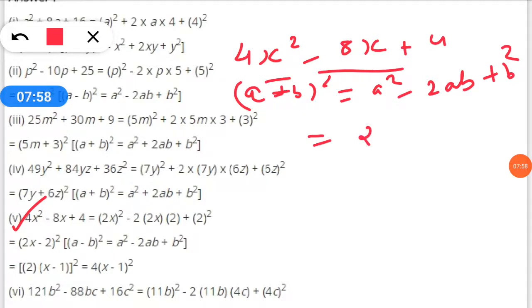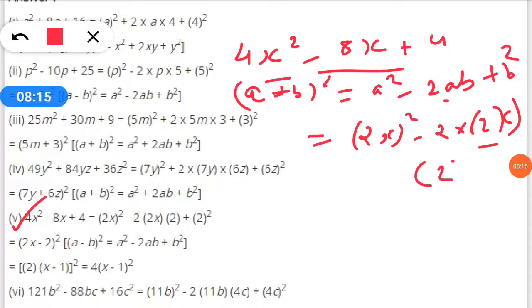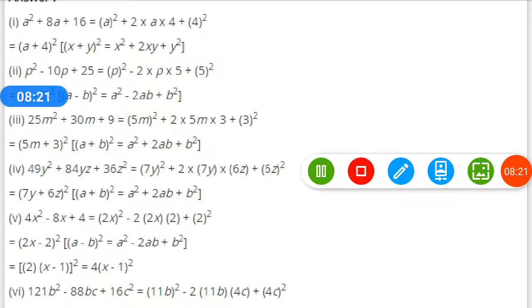So 2 to the power 2, it can be written as 2x the whole square minus 2 into how much? 2 into 2x. What's the value of a we are having? 2x, isn't it? What is the value of b we are having? The value of b we are having as 2 square.